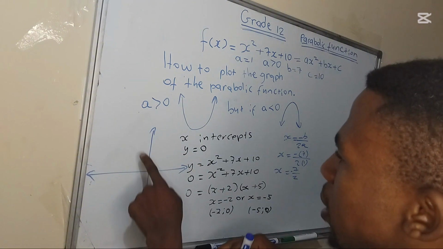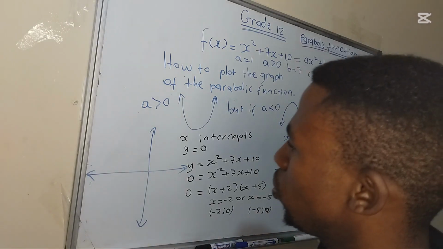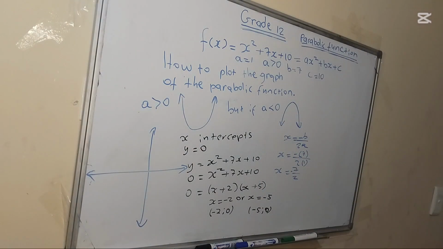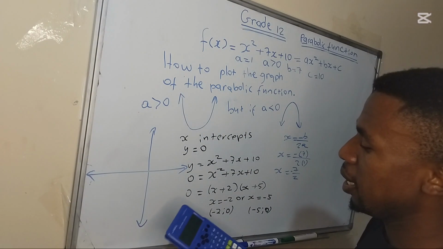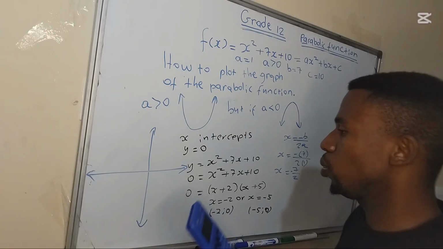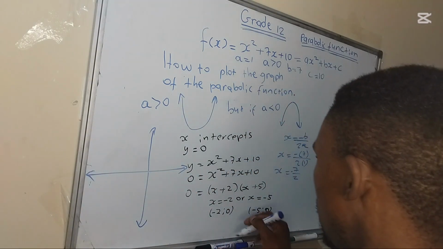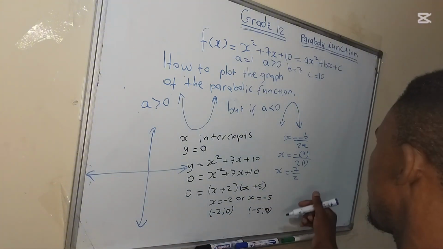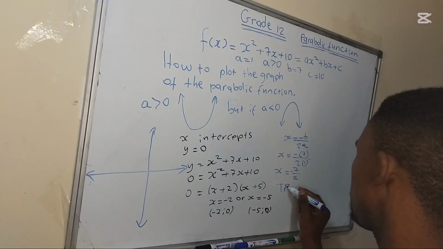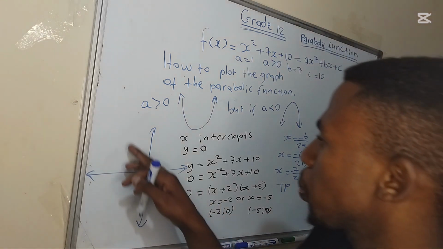Negative 7 over 2 is somewhere. When it comes to the x-axis, this is our TP, guys. This is our TP, negative 7 over 2.